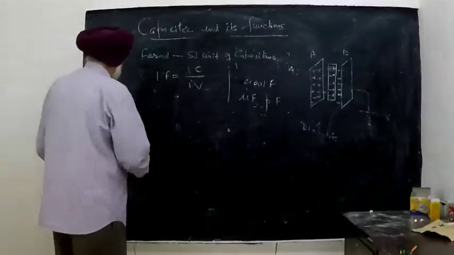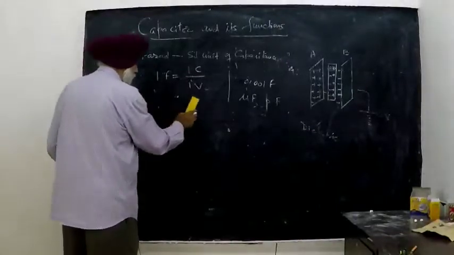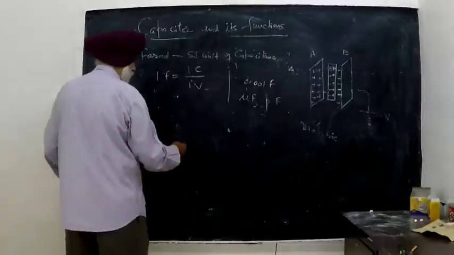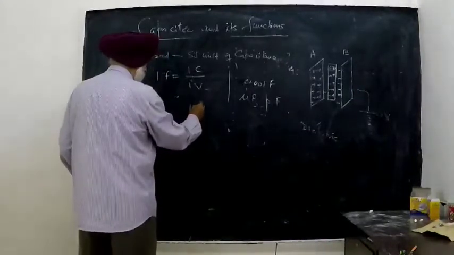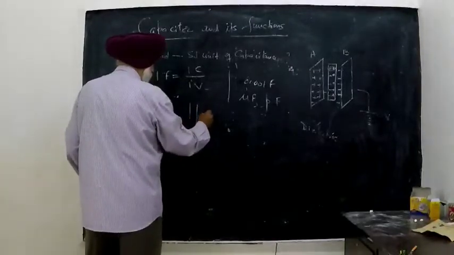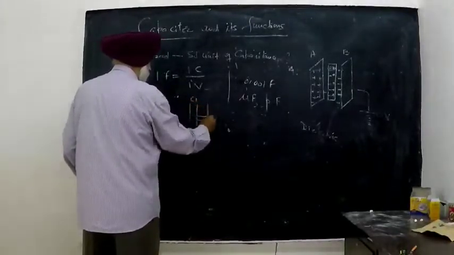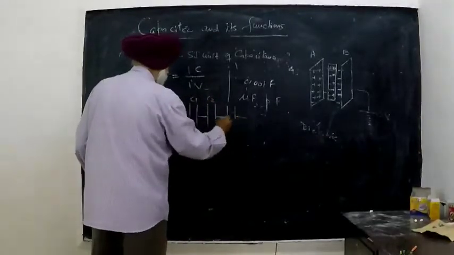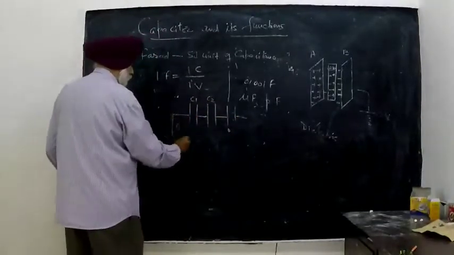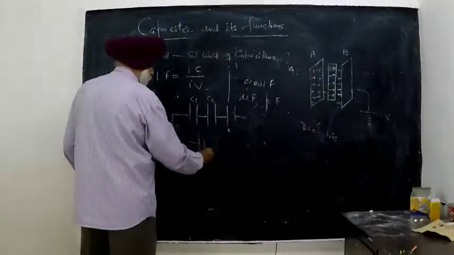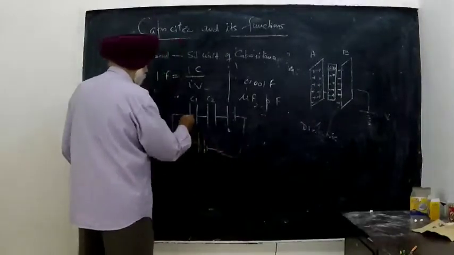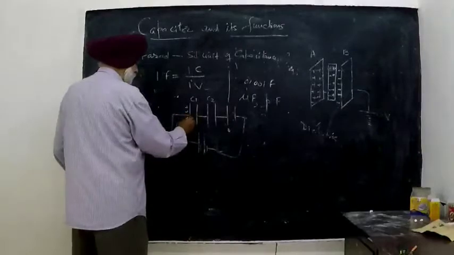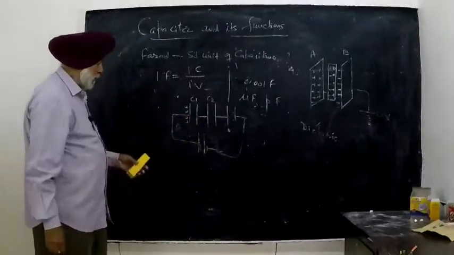If we have a large number of capacitors and we connect them in series by connecting them to a battery, positive charge will go to the left plate of the first capacitor.